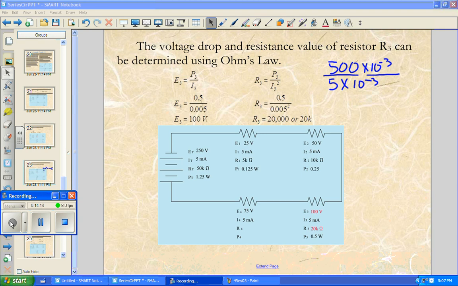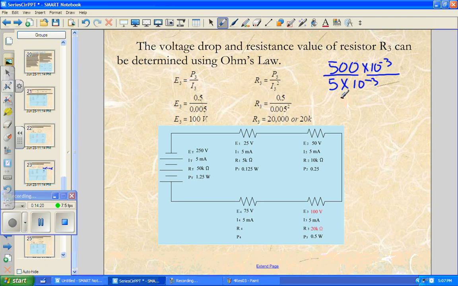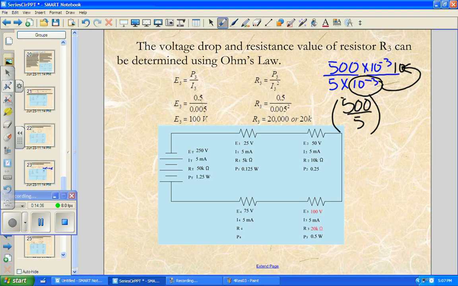Now we can turn that into 500 divided by 5. And we're going to take this 10 to the minus 3 and bring it up here, which makes it 10 to the third. So the 10 to the minus 3 and 10 to the third are going to drop out.